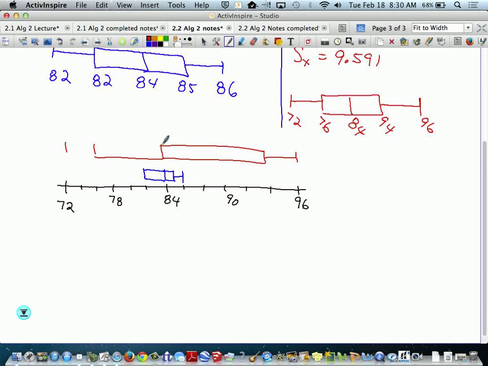So by putting them on the same scale, you can see the consistency versus inconsistency very well. They both have a median of 84, so they both are going to be centered around 84, but man, the student in red, if those are test scores, you'd be like, hey, what's going on? Let's move you that way.